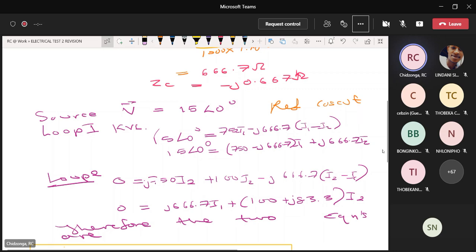And then here you are just rearranging, putting the I1s together and the I2, so you get that equation, 15 angle 0 is equal to that.